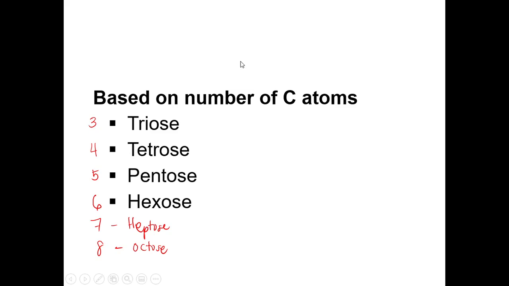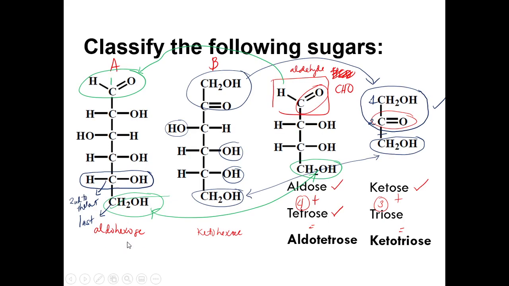We also did a classification of carbohydrates based on the carbon atoms. We have triose, tetrose, pentose, hexose, heptose, and octose, or specifically monosaccharides having 3, 4, 5, 6, 7, and 8 carbon atoms.